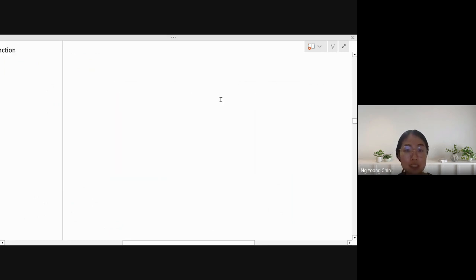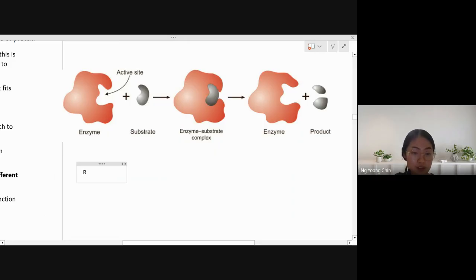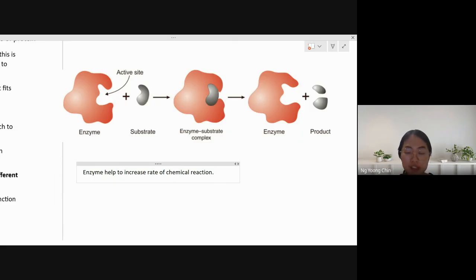If a chemical reaction happens without the enzyme, it will happen very, very slowly. The reaction needs to convert the substrate into the products, so enzymes help to convert the substrate into the products at a faster rate. That's why we need enzymes.